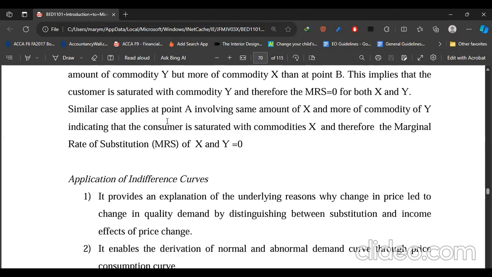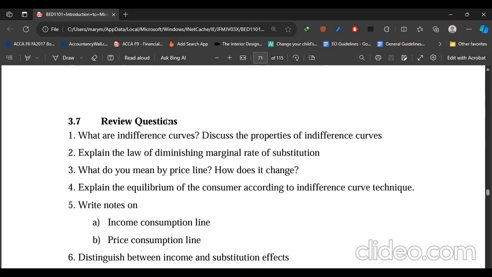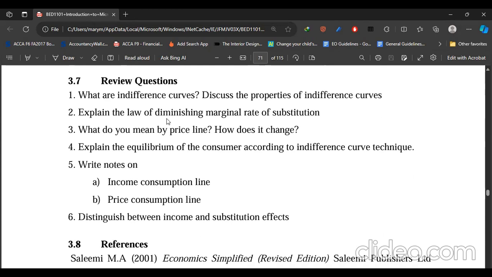Now, I can also see there are some questions which you can use for revision here, and these questions are already attached down here. There is no way to know which questions an examiner is going to ask you.